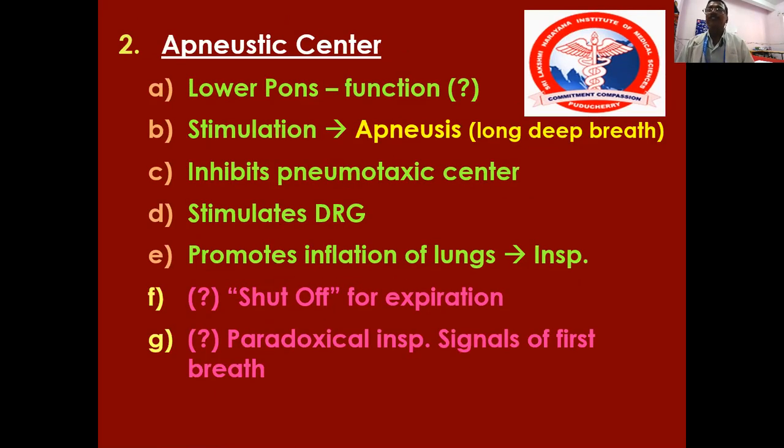Okay, the apneustic center, in the lower pons. Still, the functions of the apneustic center are not clearly known, but it is believed to cause a switch on and off system on the respiration. Stimulation of the apneustic center gives a long deep breath, inhibits the pneumotaxic center, and stimulates the dorsal respiratory group. It promotes the inflation of the lungs, leading to the entry of air inside the lung, the process called inspiration, inhaling of the air.